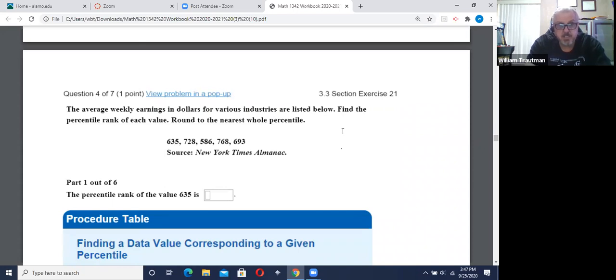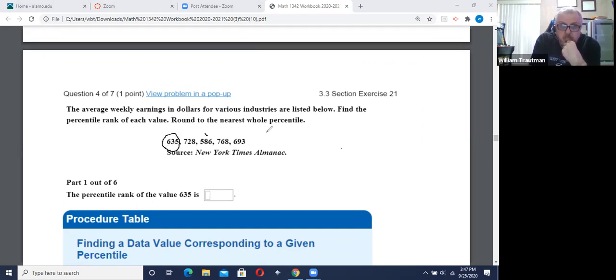Let's try this problem. The average weekly earnings of the dollar listed. Find the percentile rank for each value. Round to the nearest whole percentage. So if we do 635, how many numbers were less than 635? I can't even see because I covered that up. There we go.